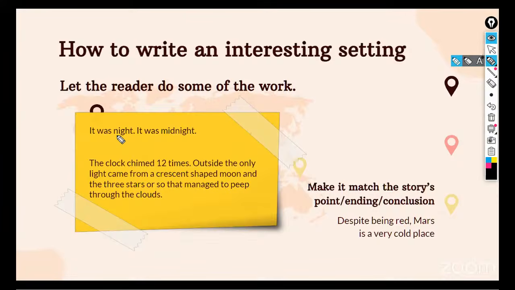It was night. It was midnight. So you could take down, it was midnight and the clock chimed 12 times. Or you could take down, it was night and the only light came from a crescent-shaped moon. The only light came from a crescent-shaped moon is the one where the reader is doing the work, right?